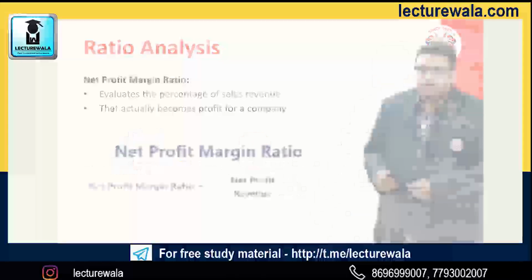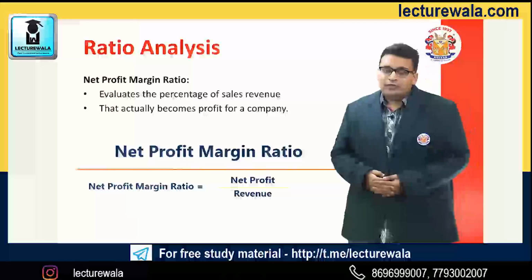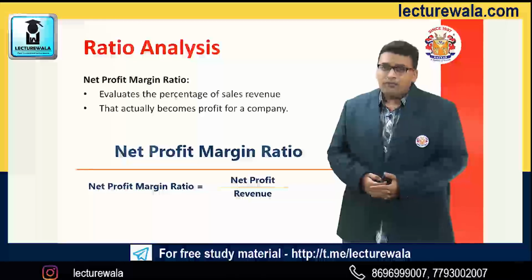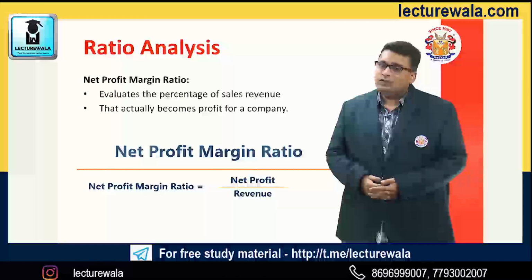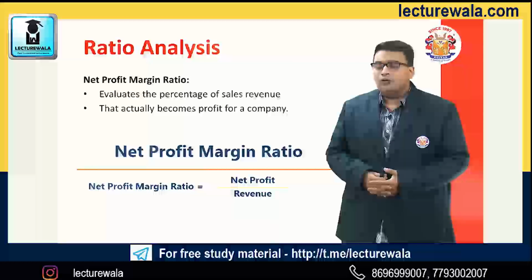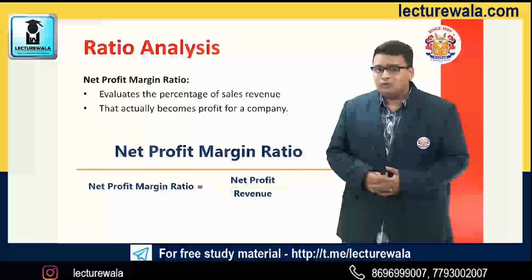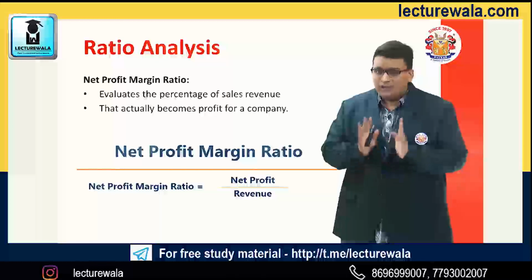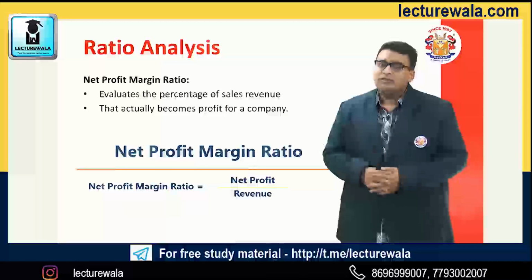Now if we talk about the net profit margin, what does it want to say? The net profit margin wants to say how much amount of profit from the sales revenue made by the company actually belongs to the company. That means net profit is the actual profit earned by the company.